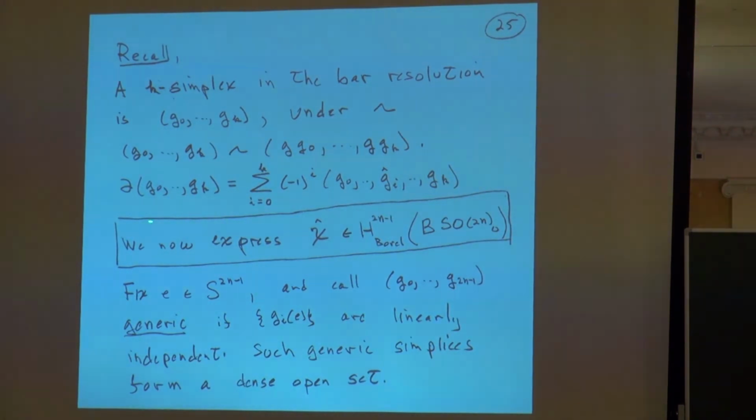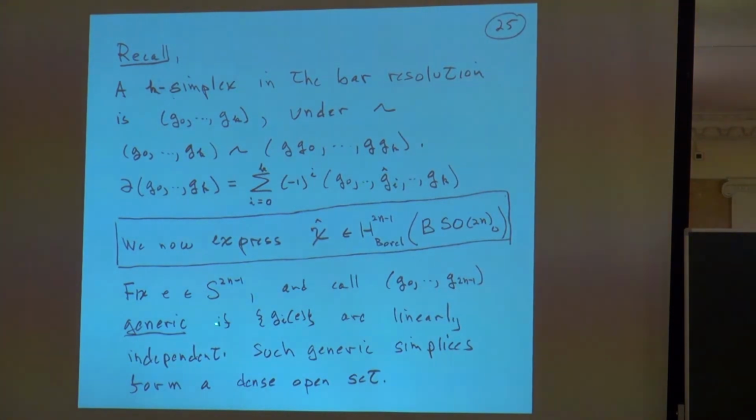Now, I want to express chi hat, we'll take the easiest one, as an element of the (2n minus 1)-dimensional Borel cohomology of the classifying space of a discretized special orthogonal group. Okay. So I want to do it right in the bar resolution.